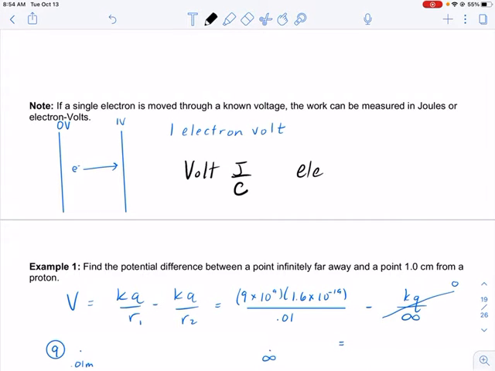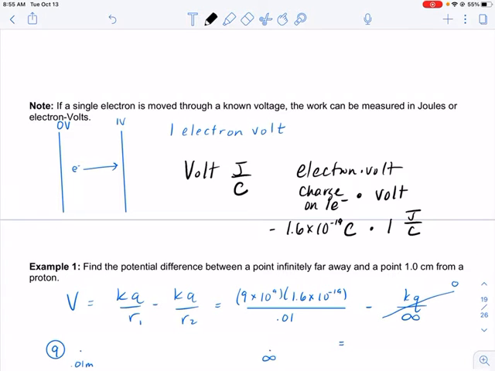Now an electron volt is the charge on an electron times a volt. So the charge on one electron would be 1.6 times 10 to the negative 19th coulombs, and then times 1 volt would be times 1 joule per coulomb.